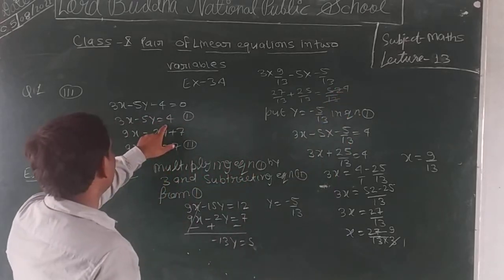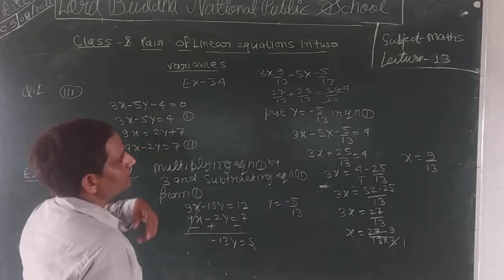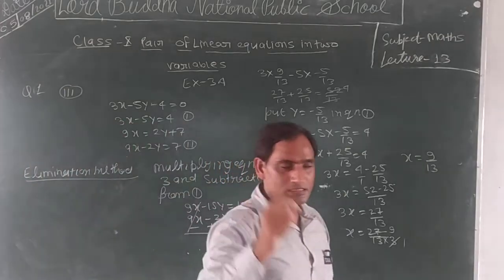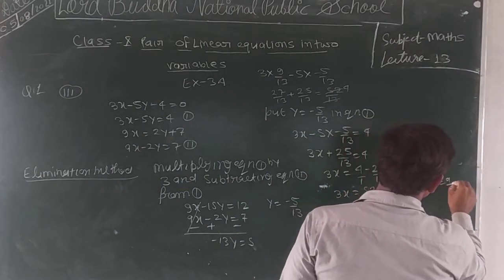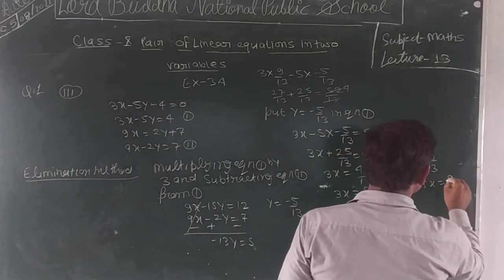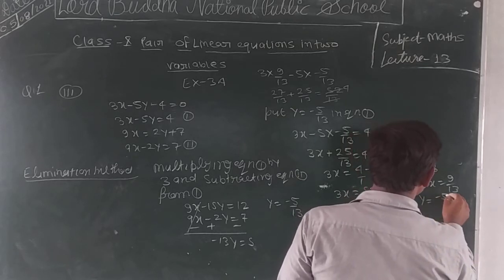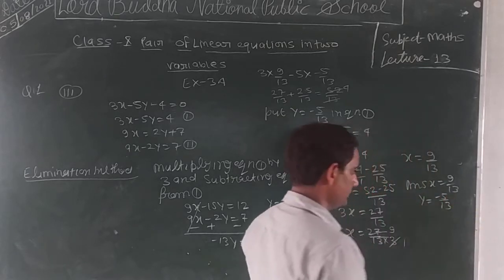It means the right hand side and the left hand side are the same, hence your answer is correct. Answer: x equal to 9 upon 13 and y equal to minus 5 upon 13.